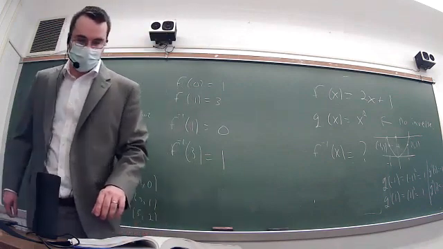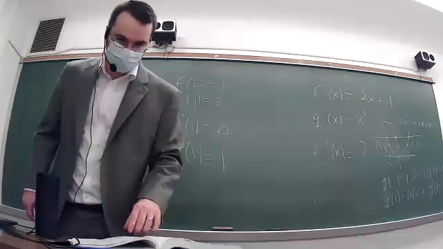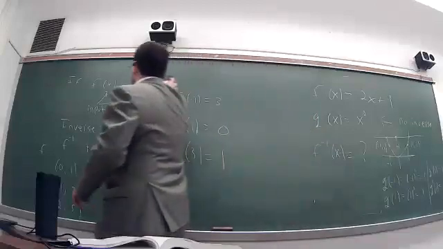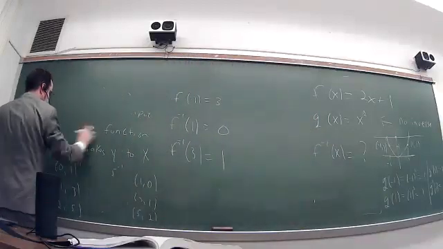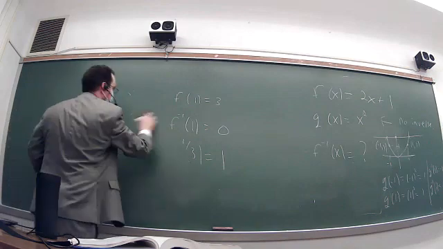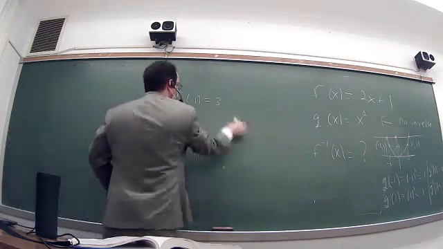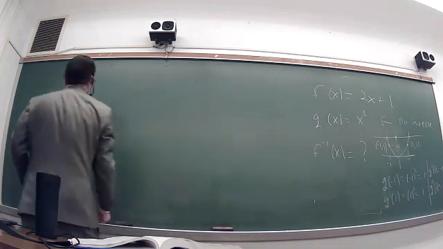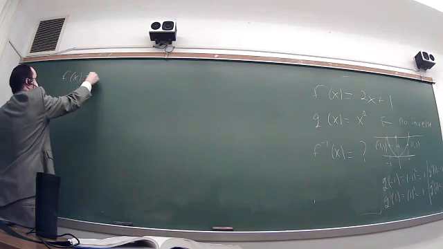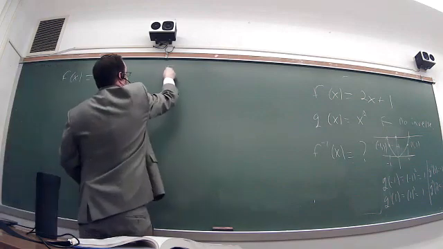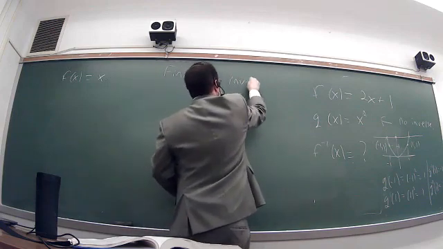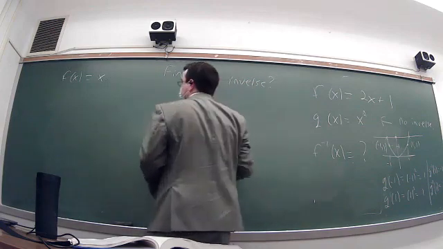Do a little bit of practice. Actually, let's focus in on this problem. See if we can take some special examples. So this game is going to be called, can we find the inverse function?